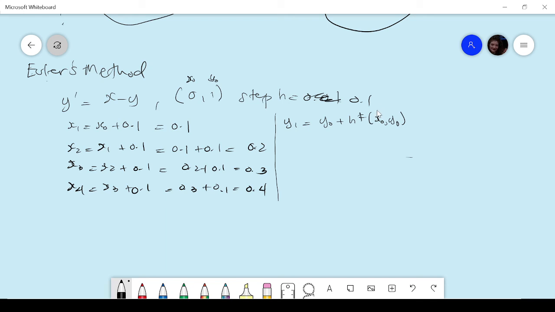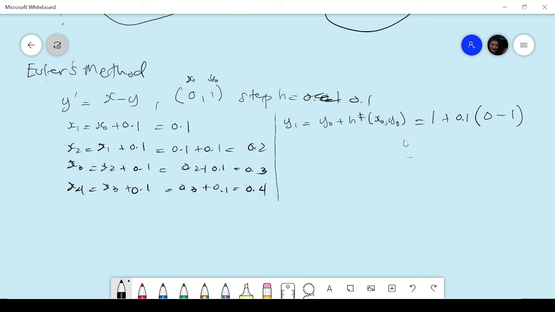So, this is the first value for y. Your y0 is 1. Your h is 0.1. Then x0, y0, f is 0 minus 1.